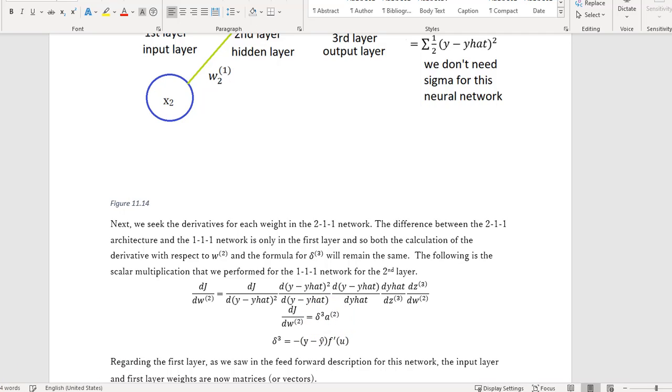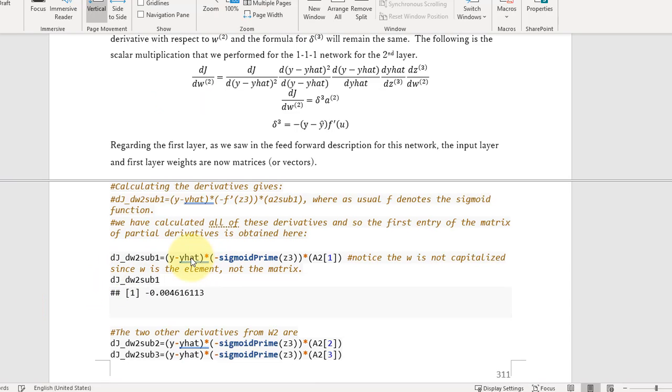So let's split the screen here. It should be basically the same thing. This one, dJ dW2 sub 1, is y minus y hat. There's a minus sign, but here the minus sign is over here. And then f is sigmoid, so sigmoid prime of u, or z3 actually, and then times a2.